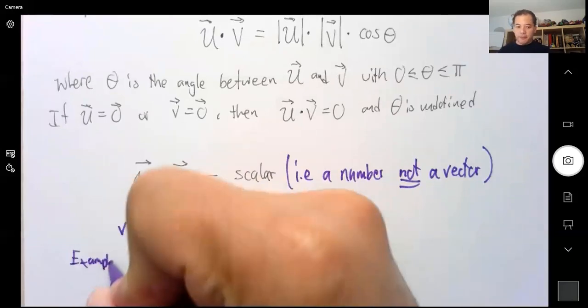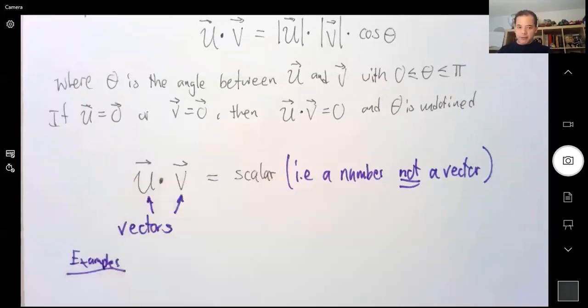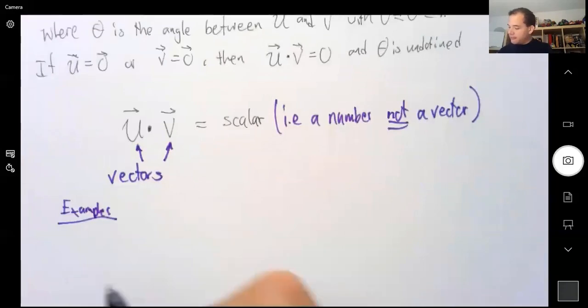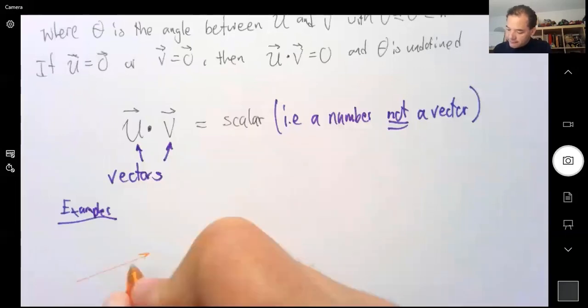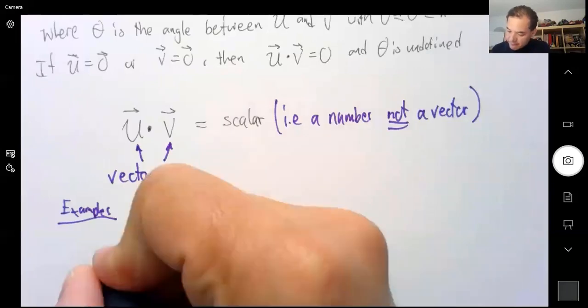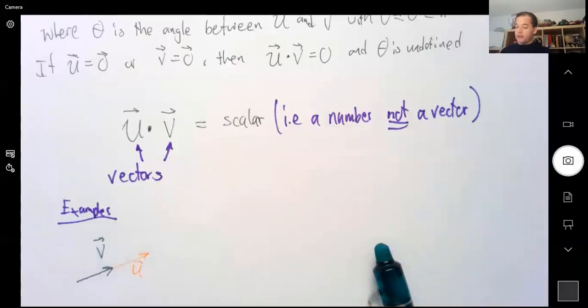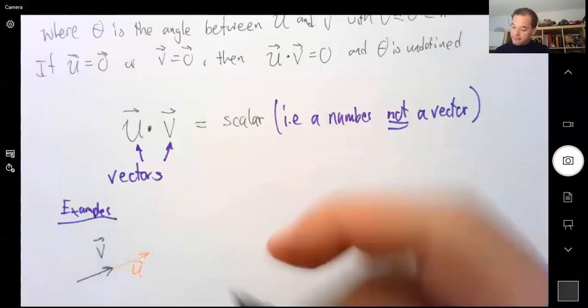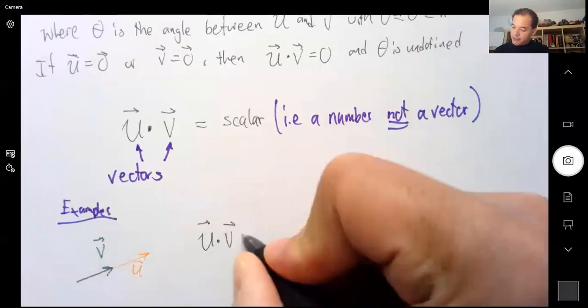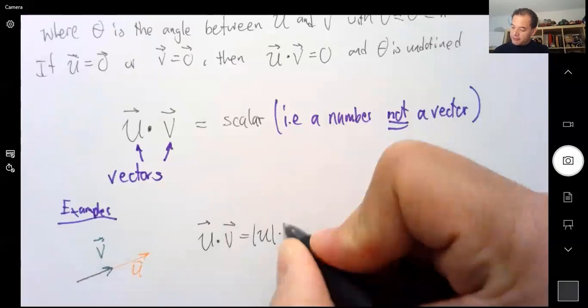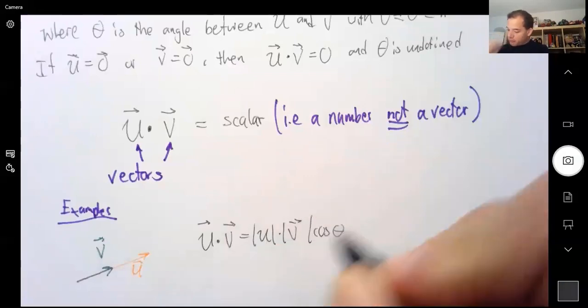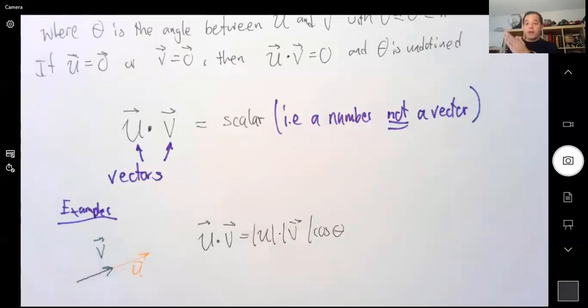I'll show some better pictures in a moment, but if you have two vectors pointing in the same direction, for example, say this vector u and this vector v, and they point in the same direction, then what happens when you do u dot v? Well, it's supposed to be the magnitude of u times the magnitude of v times the cosine of the angle. But what is the angle between two vectors that are one on top of the other? What is the angle between them?